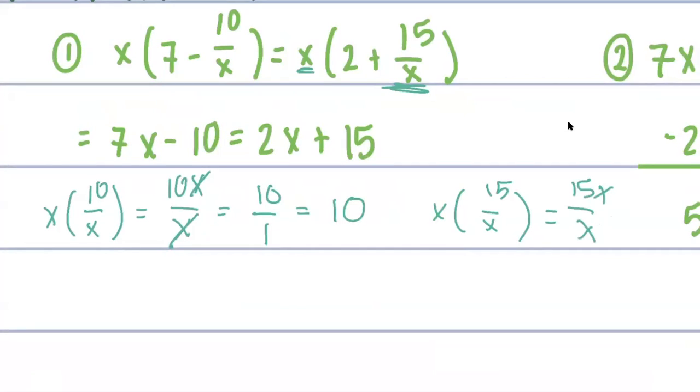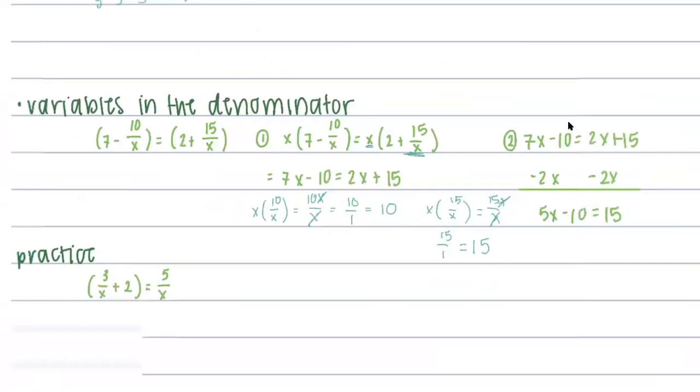And then when you simplify, your x's cancel, and you get 15 over 1, which equals 15, which is the 15 that you see right here. Okay, thank you. Yep.